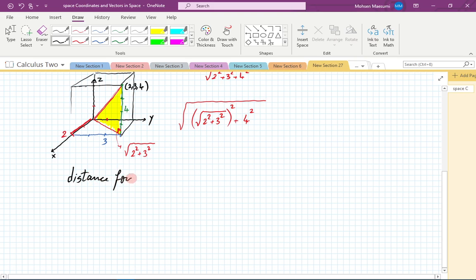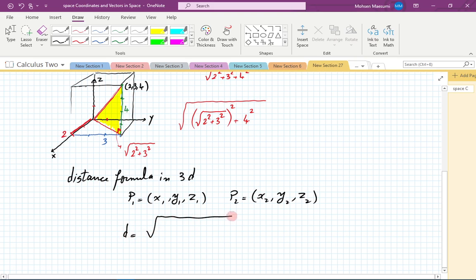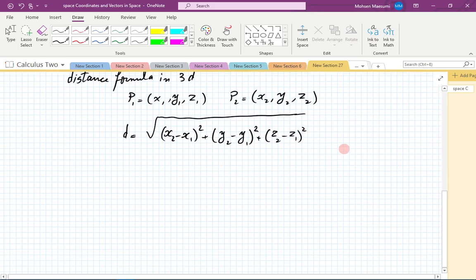Suppose I have a point P1, which is x1, y1, z1, and I have point P2 that is x2, y2, z2, and so the distance of these two, just like ordinary algebra classes, you have to take the differences. Now, you have 3 of them, and take each difference, square it, add them up, and take the square root. That's going to be our distance formula.